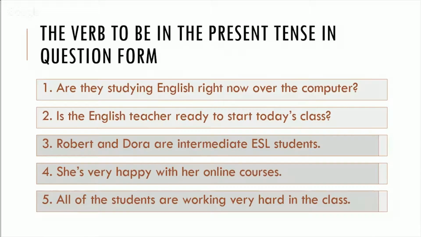And then the next one, Robert and Dora are intermediate ESL students. So what I want is give that to me as a question. Number three, let me see that as a question. Find the verb to be, move it to the beginning, and that will make it a question. Okay, so I'll wait to get at least two responses of that.